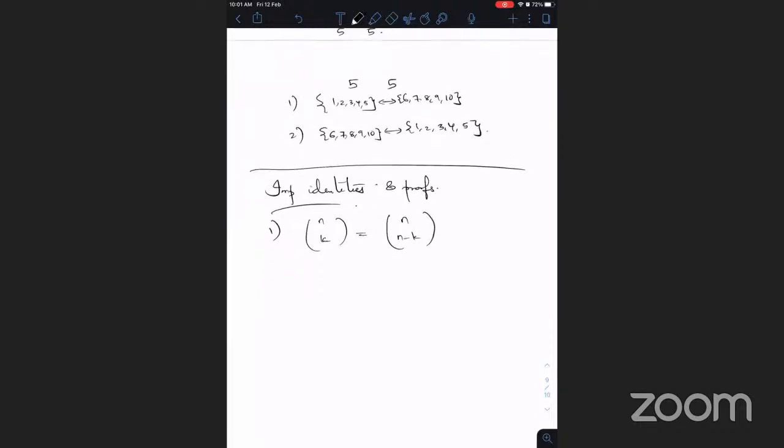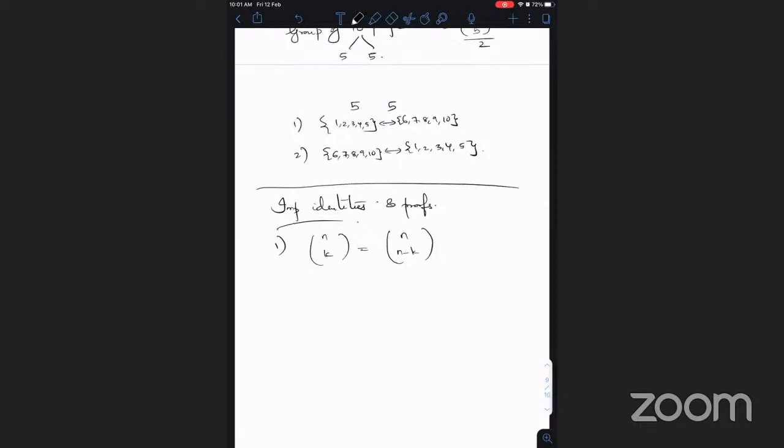We have seen this. So what is the proof idea? The story is to choose a group of size k from n. So the left hand side is exactly that. But another way to choose the same group of size k is to choose n minus k people not in the group. So the proof idea is: choose a group of size k from n.